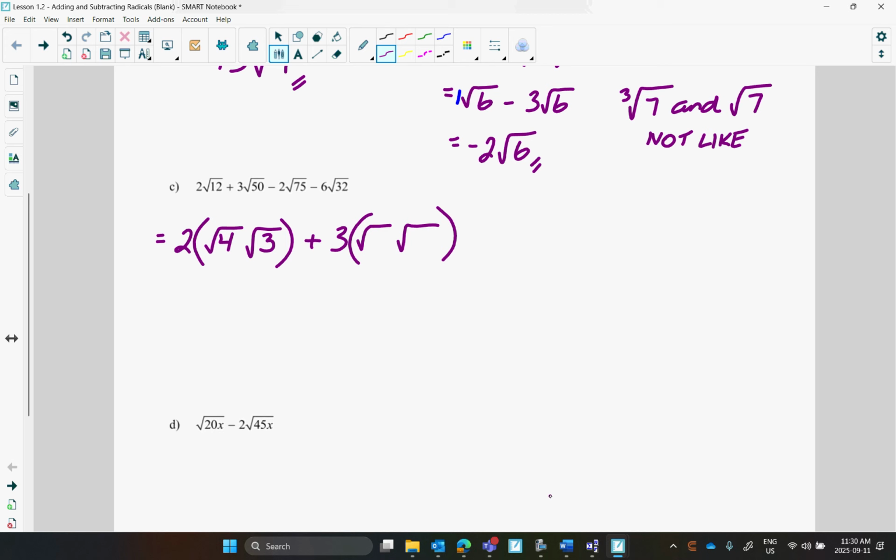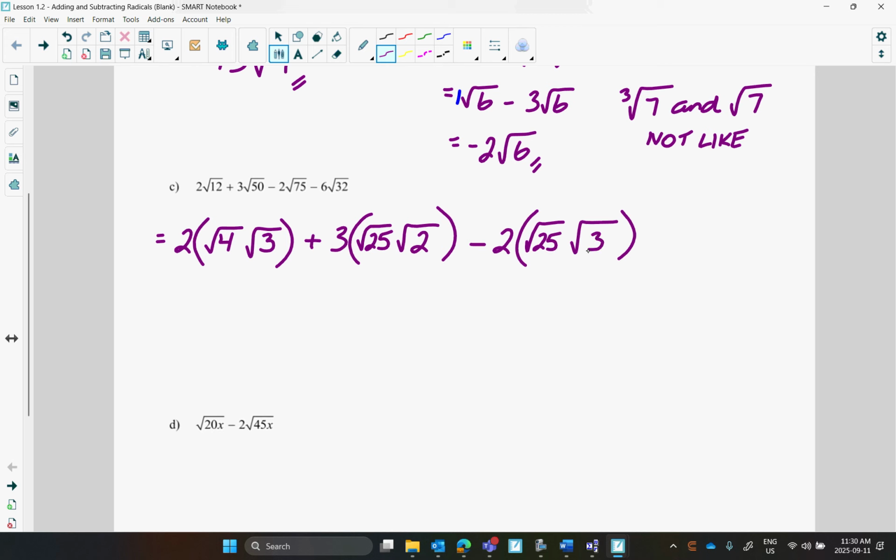Highest perfect square. 25, which means this is 5 root 2. Minus 2 times, highest perfect square. 25 again, and this is 5 root 3.